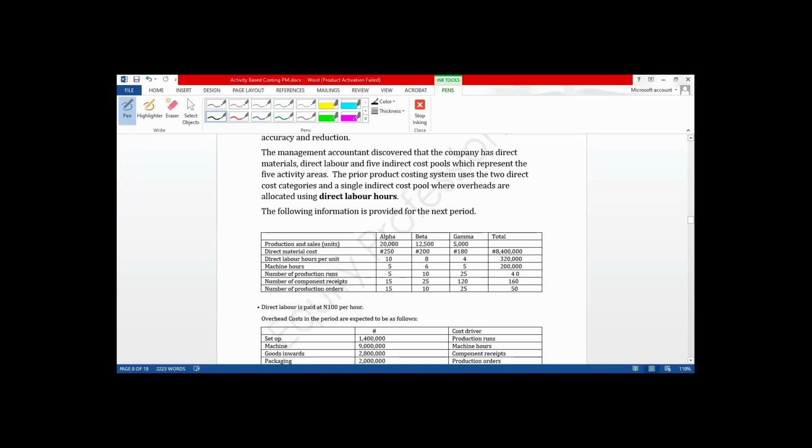Now look at this, please. Direct labor is paid at 100 naira per hour. Now we need to calculate direct labor cost per unit.